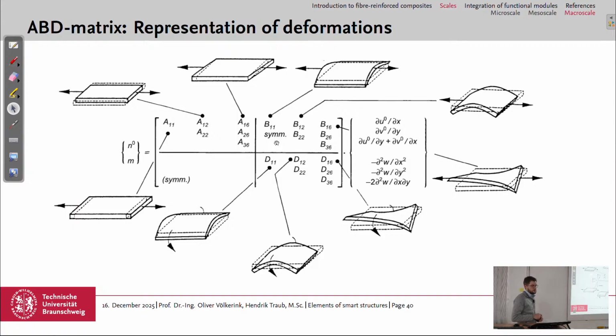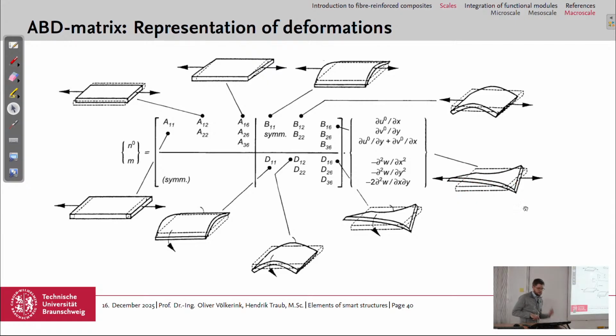Normally the aim is to have the B matrix 0, that you have no coupling effects, because the coupling effects lead to some interesting behavior. If you pull, for example, the laminate, then it would bend in this direction, or if you pull in the other direction, then it would also bend, or it would even twist.